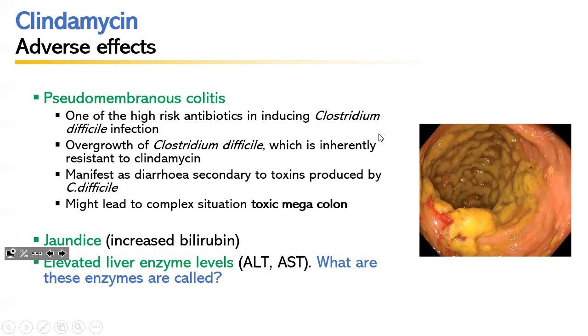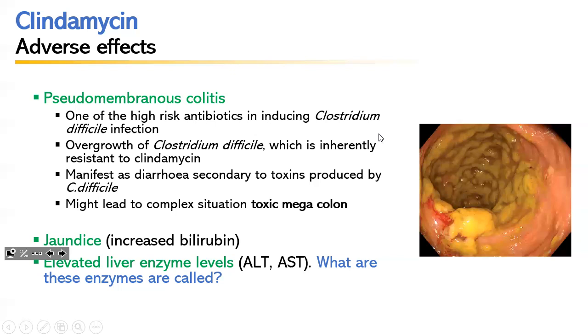Now, which other groups might also induce C. diff? We have clindamycin ranked number 1, and we have 2 other groups that have been blamed for the development of C. diff. Cephalosporins, yes. So we have rank number 1, clindamycin, followed by rank number 2, cephalosporins and the quinolones.